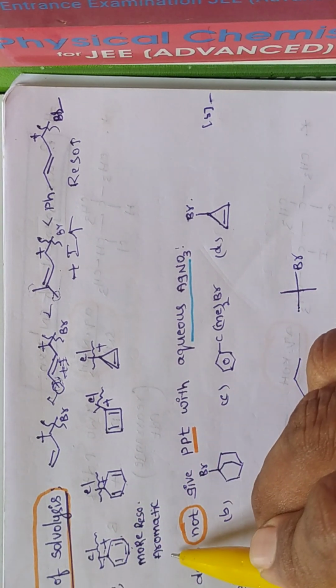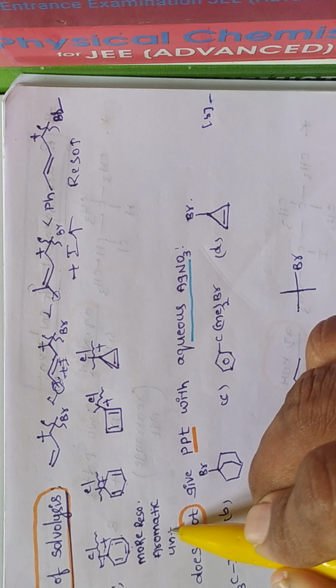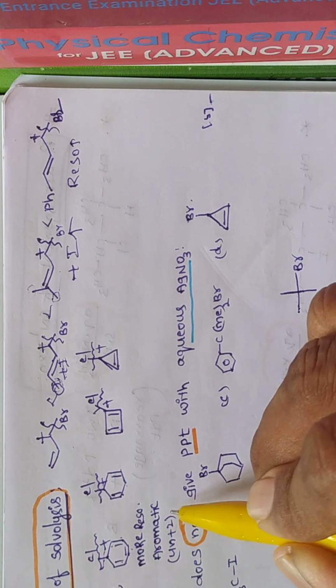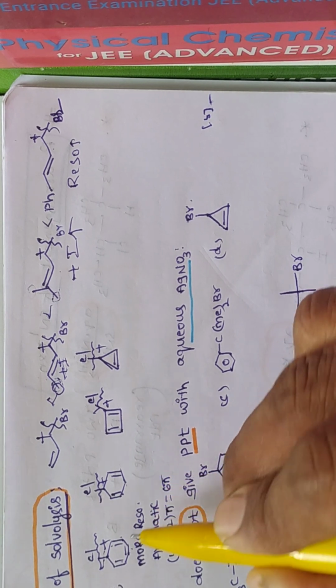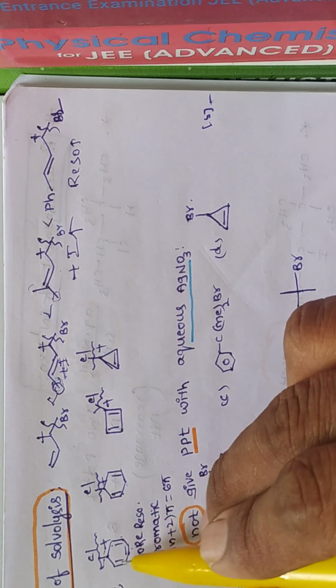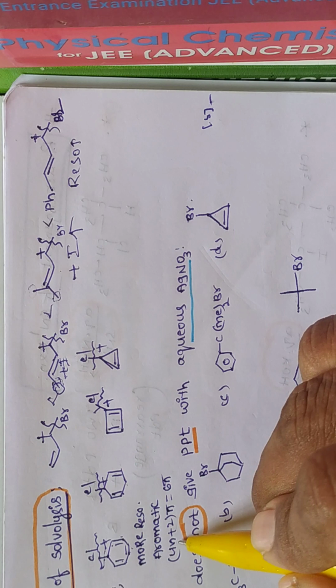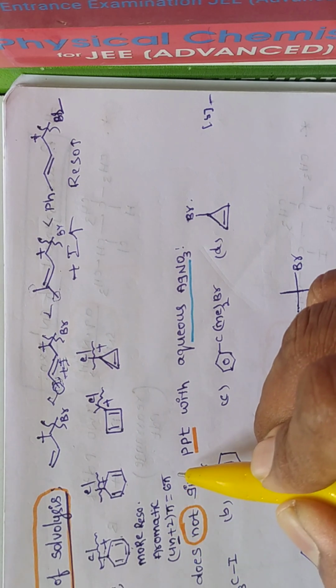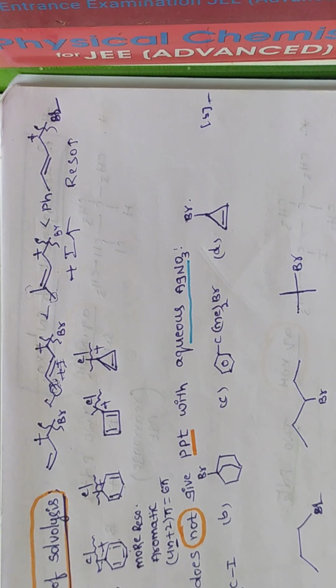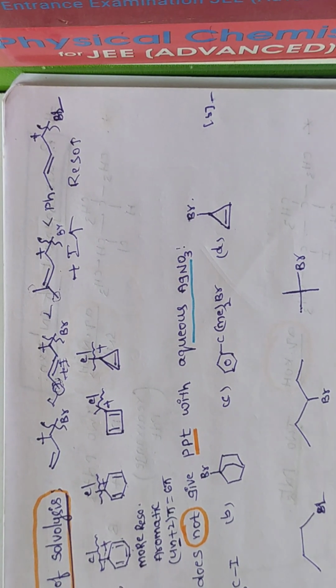Because this compound satisfies the Huckel rule. Now here how many pi electrons are there? Six pi electrons are there. So if n is equal to 1, we substitute, then 6 pi electrons satisfy the Huckel rule. So this is an aromatic compound.